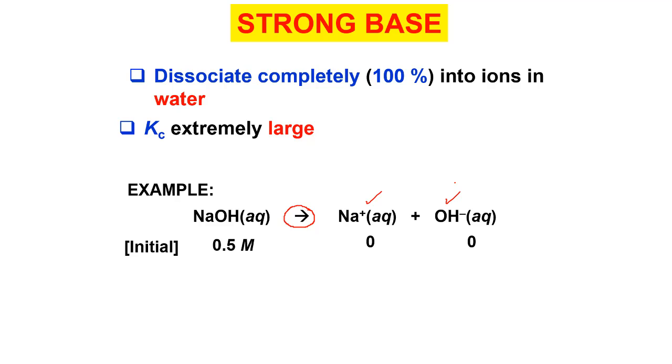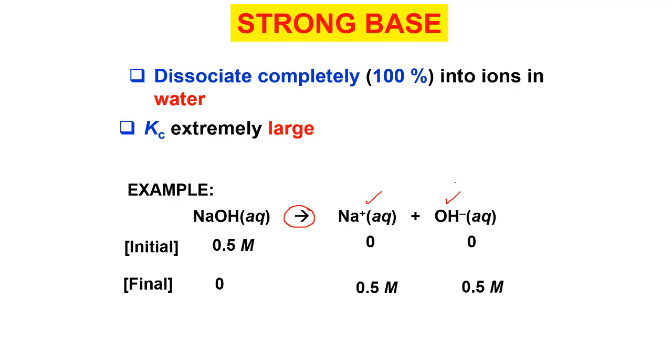So after sodium hydroxide dissociate in water dan kita tahu dia mengalami 100% ataupun completely dissociation, maksudnya sekarang no more sodium hydroxide left at final concentration. So 0 molar here, and how many molar sodium ion and hydroxide ion form? 0.5 molar, 0.5 molar.